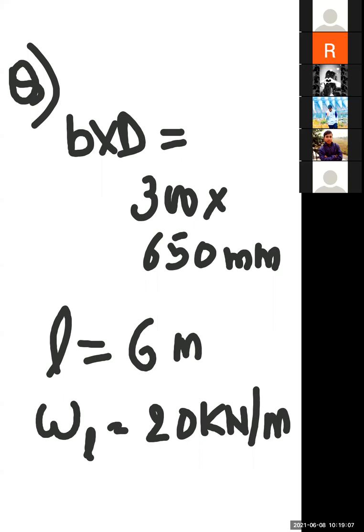Means self weight of the beam is not included in that load.